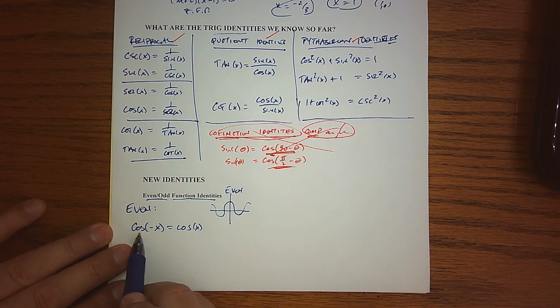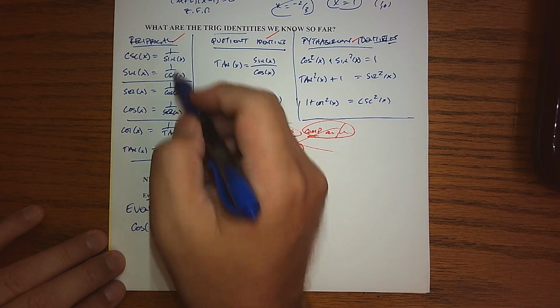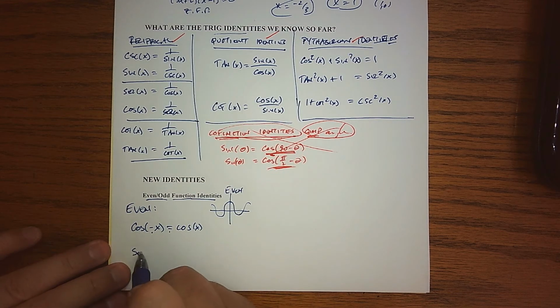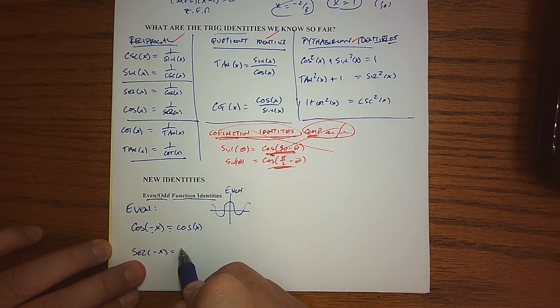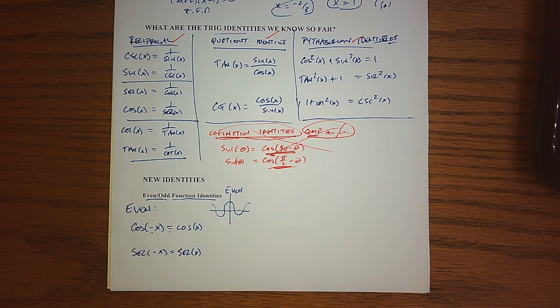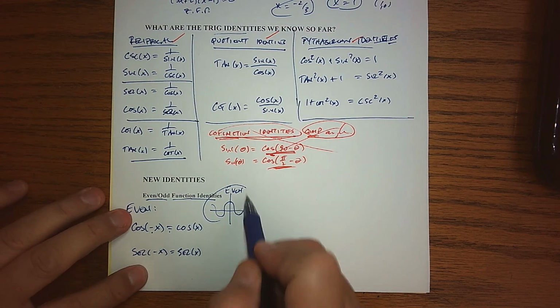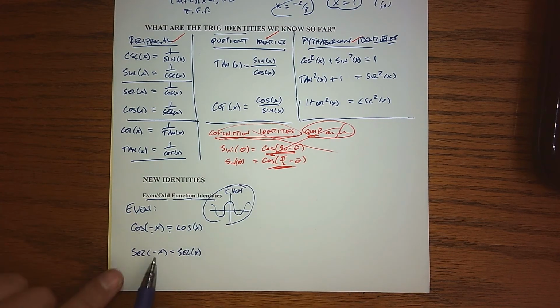So that means that the cosine of a negative value is equal to the cosine of a positive value, and since they're reciprocals, this also means that the secant of negative x is even. This is a new set based off of the graphical information we had done with regard to cosine and secant. I'll refer to the cosine graph because we know secant is basically the reciprocal. So if cosine's even, that means secant's even.